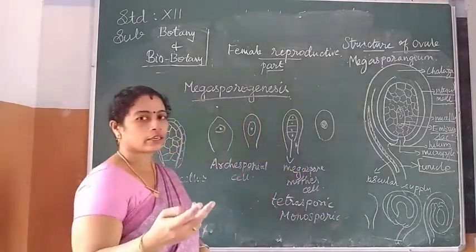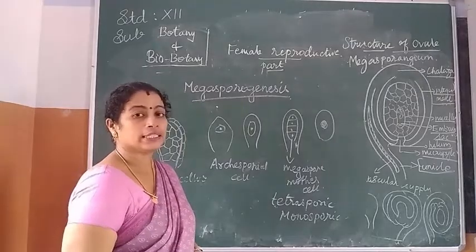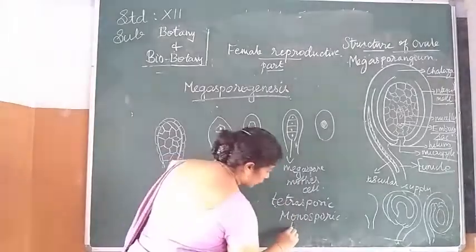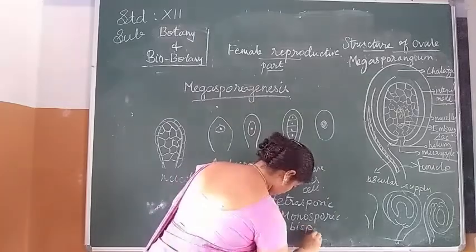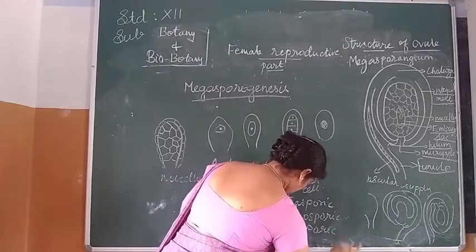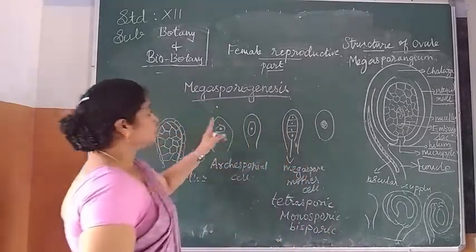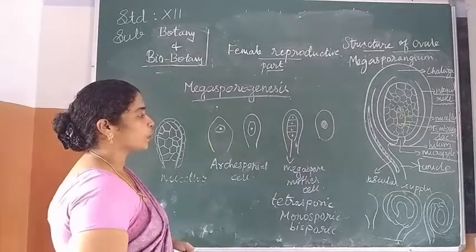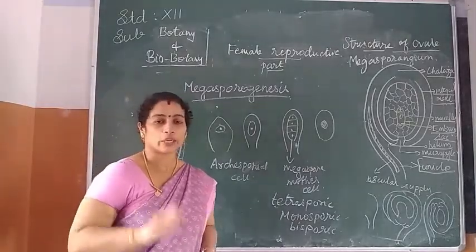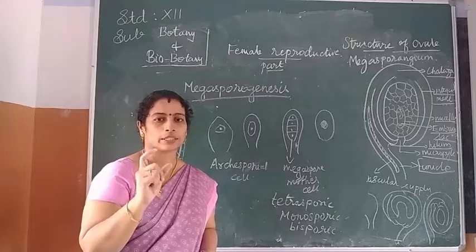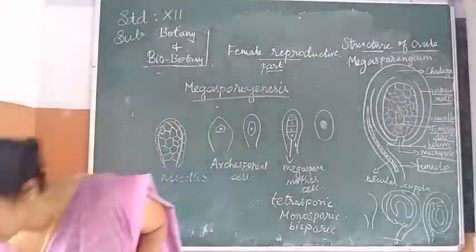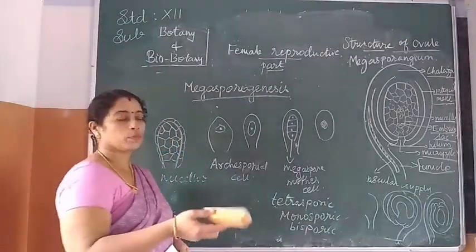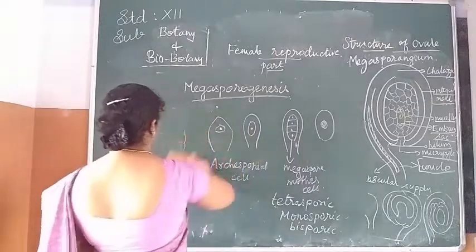And if 2 cells are involved in the formation of the embryo sac, it is said to be bisporic. So this is about megasporogenesis. The next one is the development of the monosporic embryo sac. Let us see how it takes place.